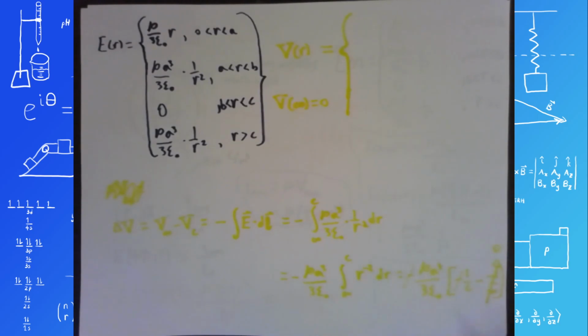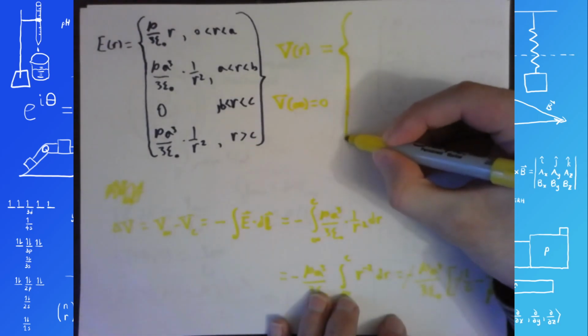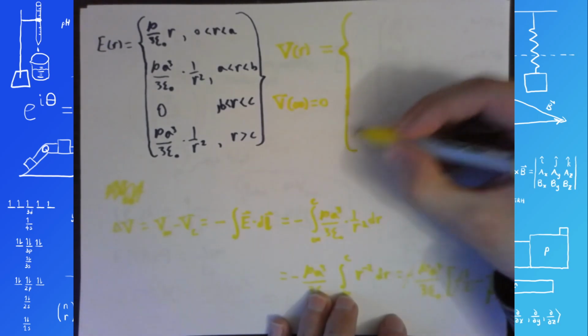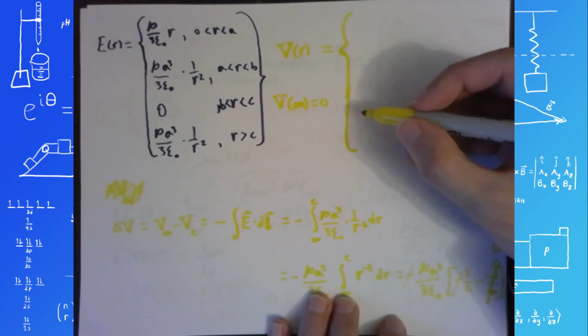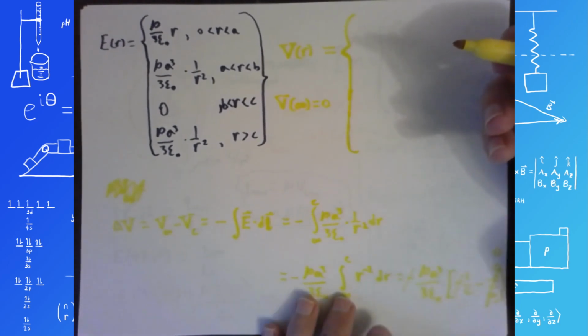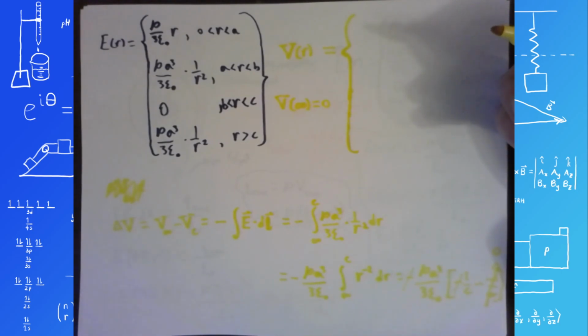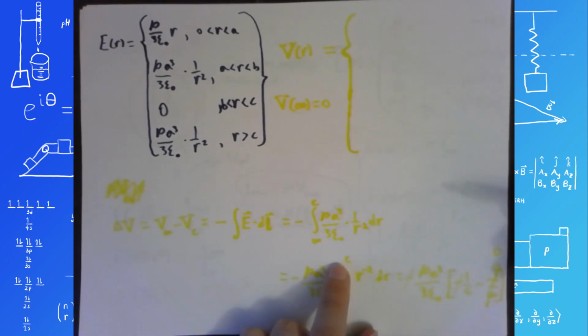So I guess I will just do this and hope that I have enough space. Actually, come to think of it, I should have integrated from infinity to r with r greater than c.